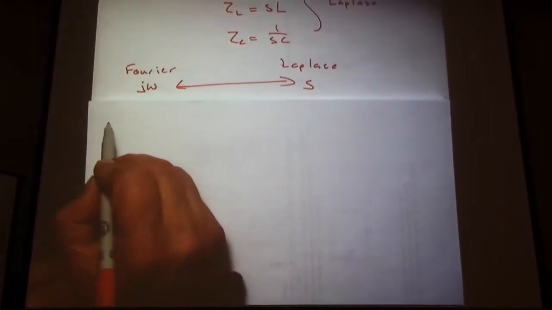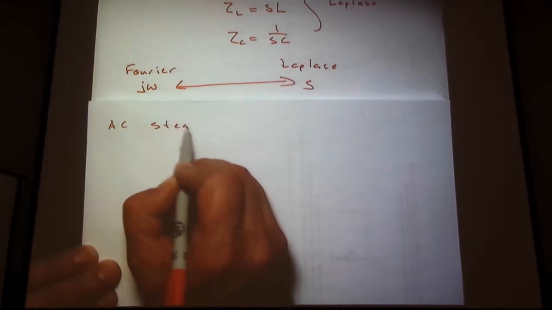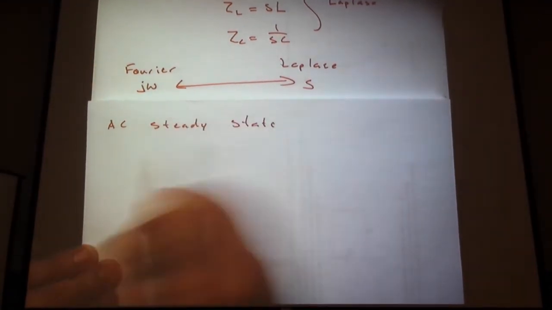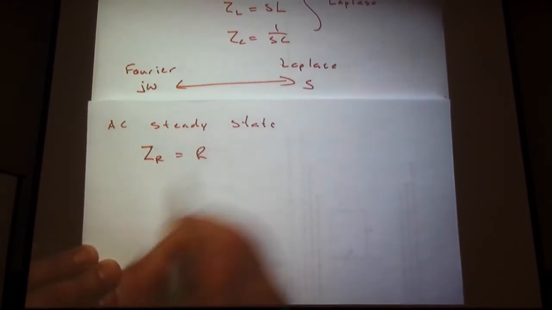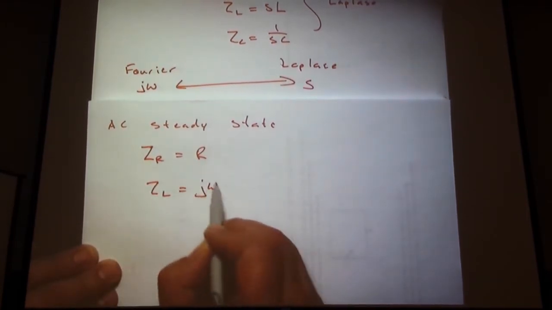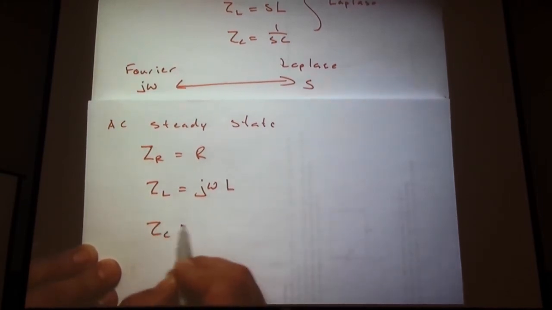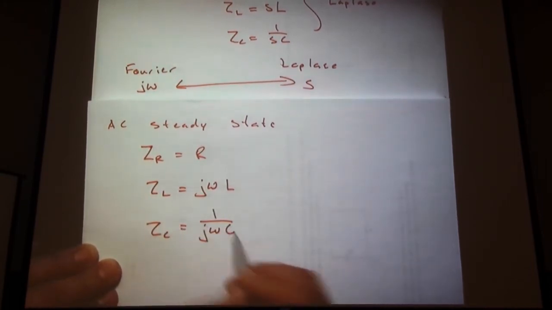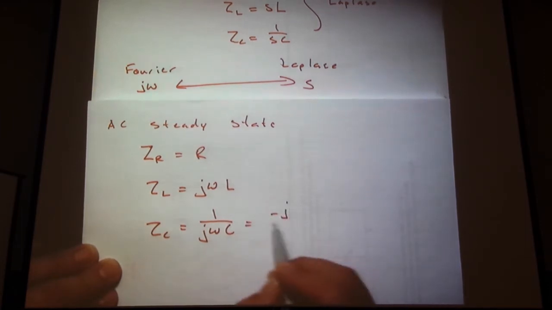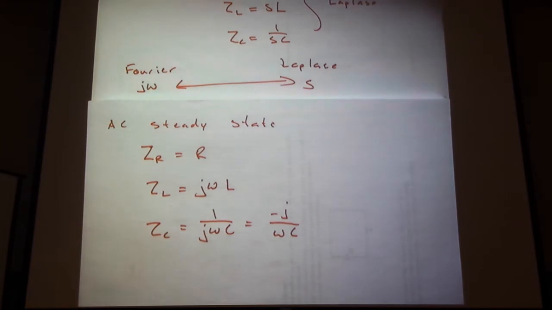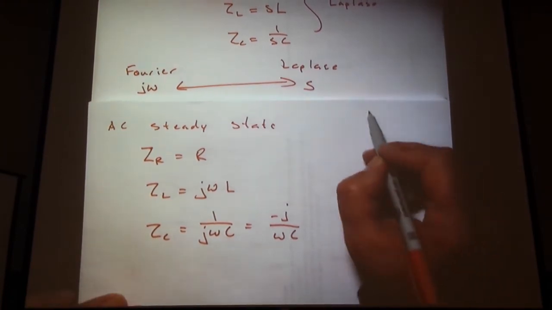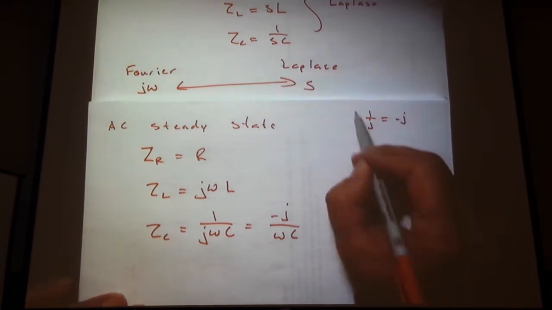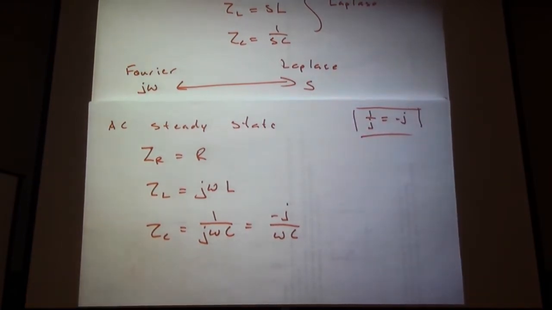So the S isn't going to go away on us. We're going to still use it to set up our expressions, and we'll use it for some other stuff when we look at filters. But in our AC steady state, you can write it yourself, of course, ZR is still R. ZL is now J omega L. And ZC is 1 over J omega C. And we'll actually usually write this as minus J over omega C. And that just comes out of the identity 1 over J equals minus J. That's an identity worth writing down.